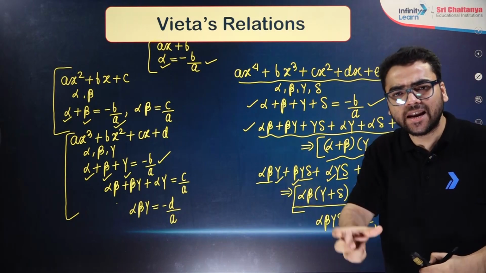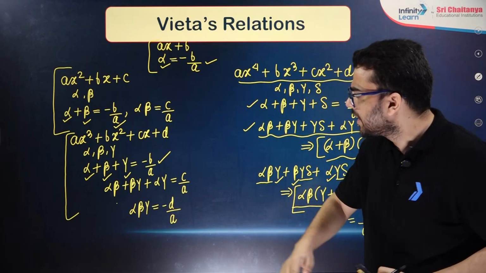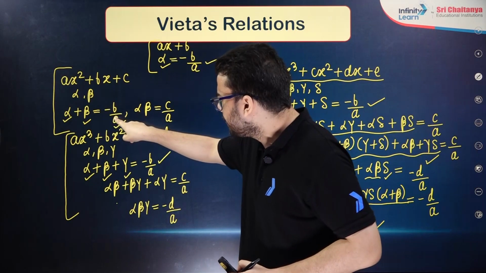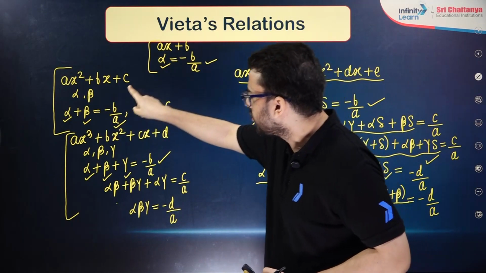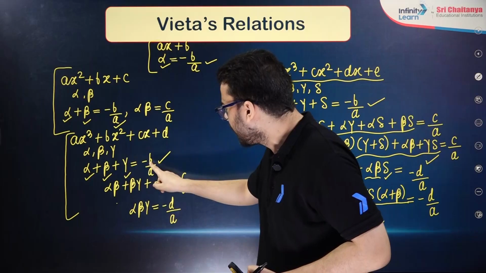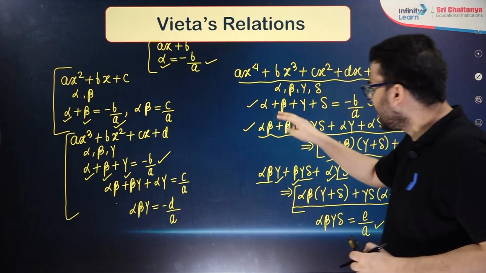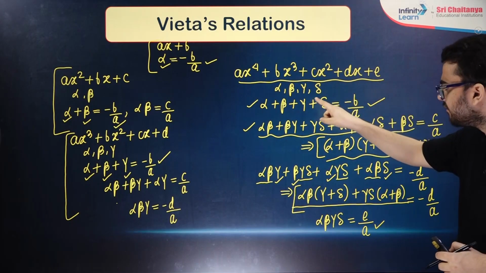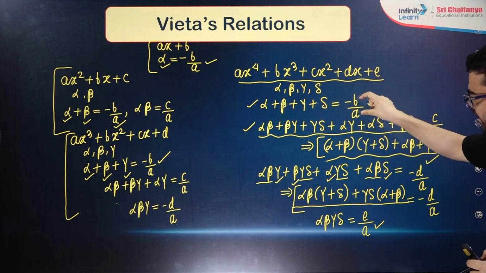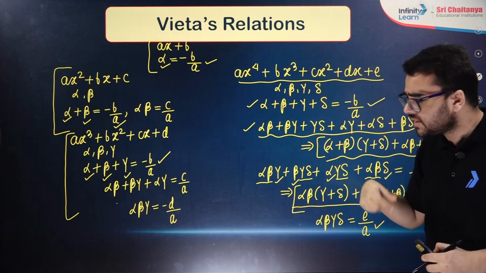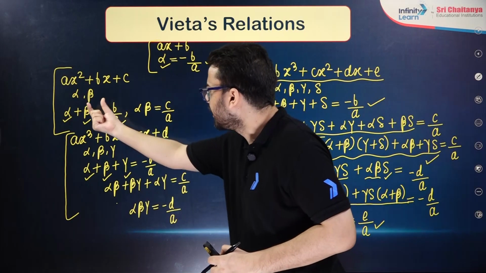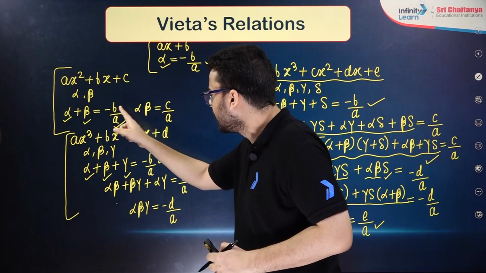Again, I will repeat, please see it patiently. If you take 1 zero at one time, it will be every time minus b by a, whether it's a linear polynomial, quadratic polynomial, or cubic polynomial, or any 4-degree polynomial. So sum of the zeros, or taking 1 zero at one time, it is every time minus b by a. Then after that, if you take 2 zeros at one time, see the pattern.